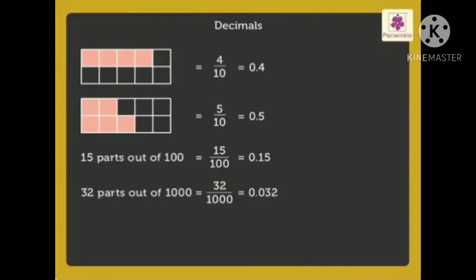It is read as 0.032. These numbers 0.4, 0.5, 0.15 and 0.032 are called decimal numbers or decimals.